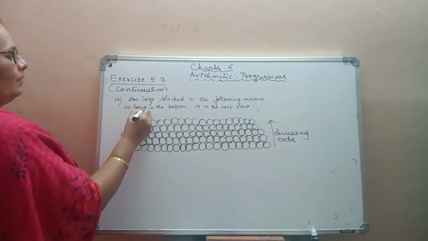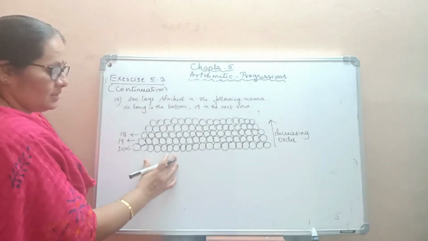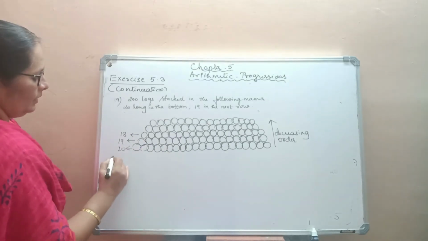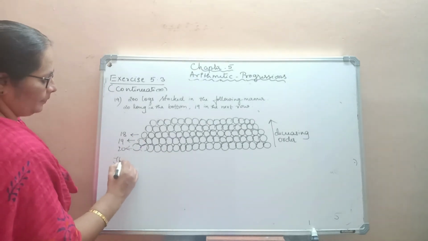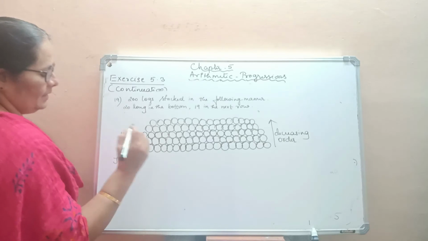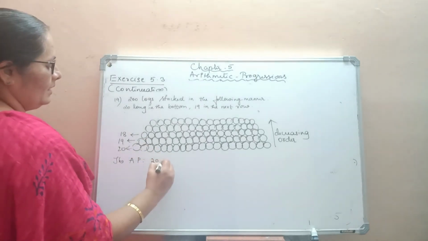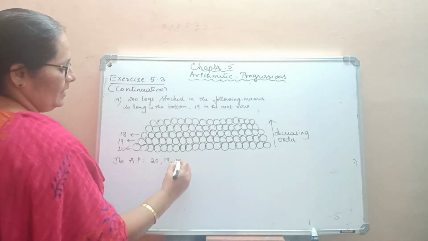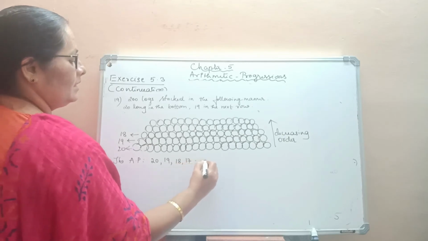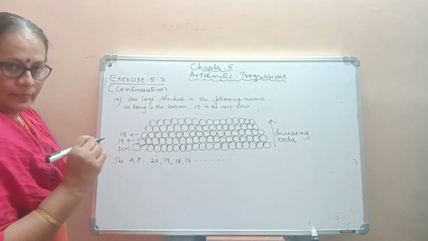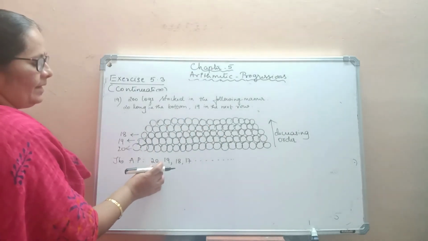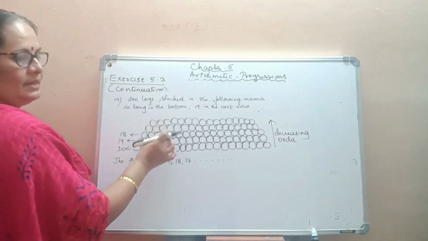Now, at first, how many logs are kept? 20. So the AP is 20, 19, 18, 17 and so on. First row 20, next row 19, 18, 17.